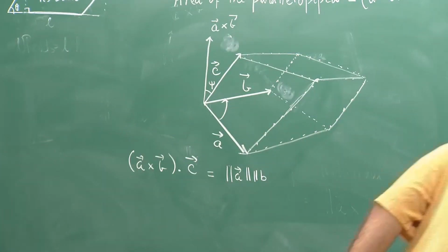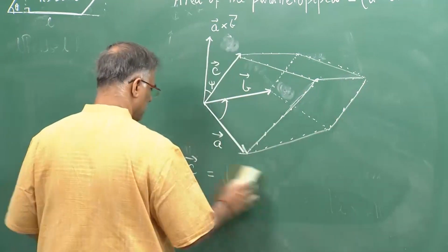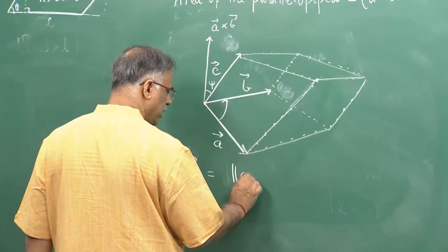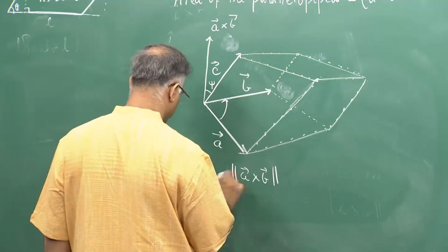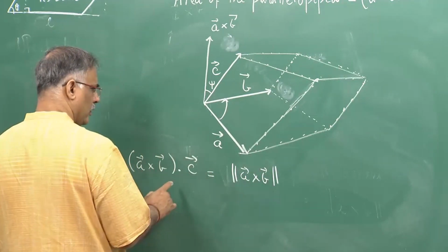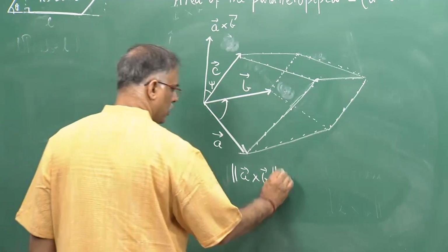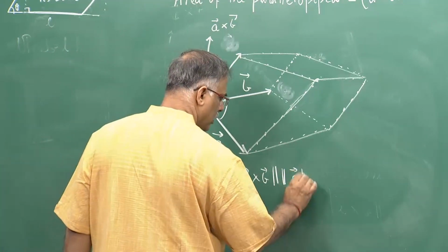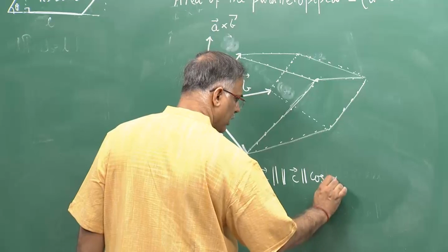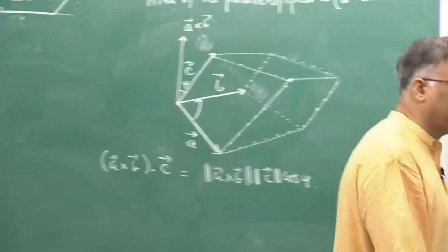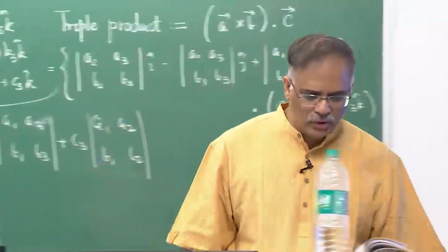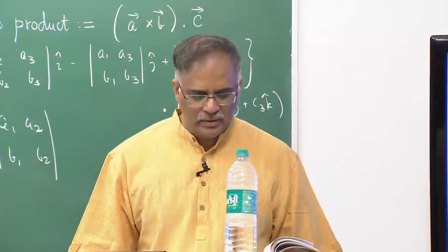It is the norm of A cross B into norm of C into cosine of psi. That is what you have here, right? That is the definition of the dot product, right?